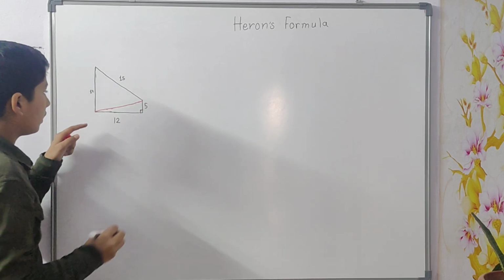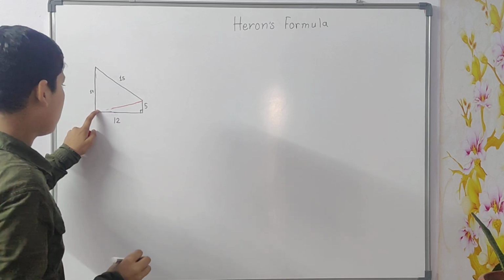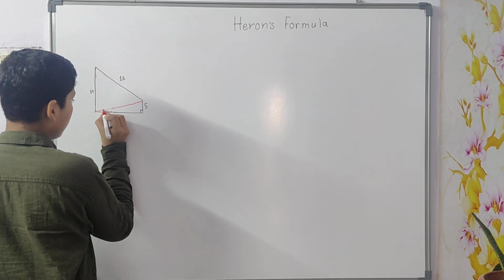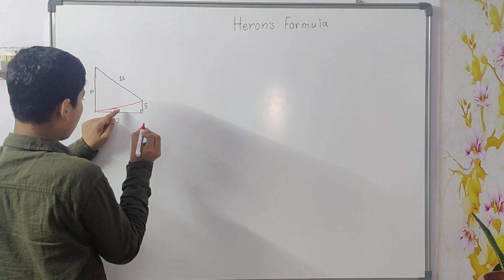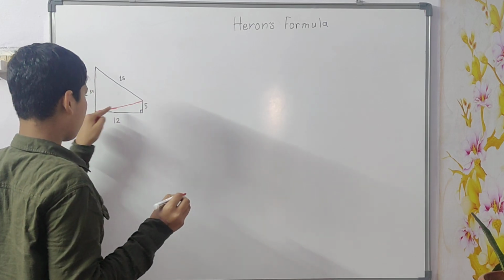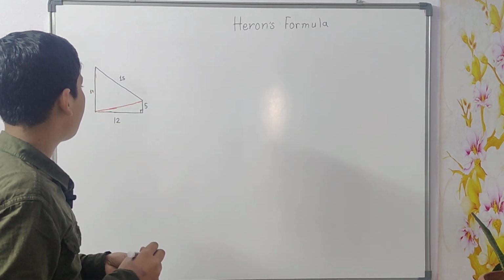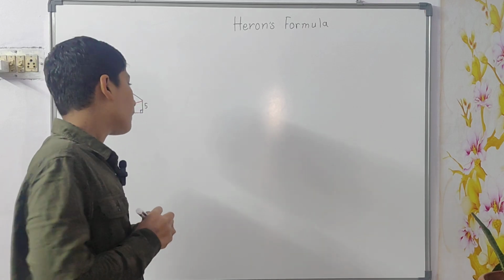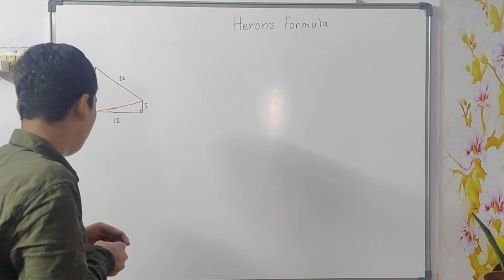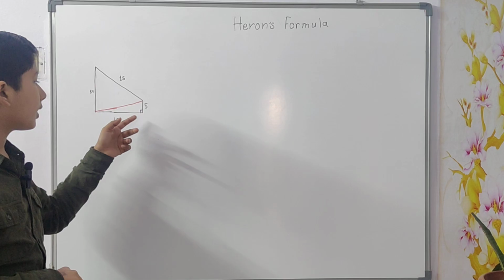We can join these 2 points so that it forms two triangles.